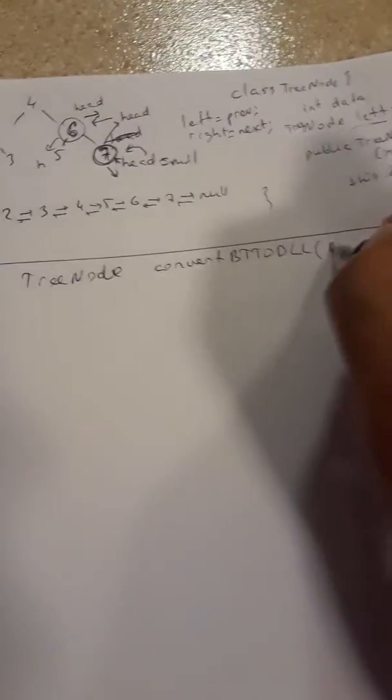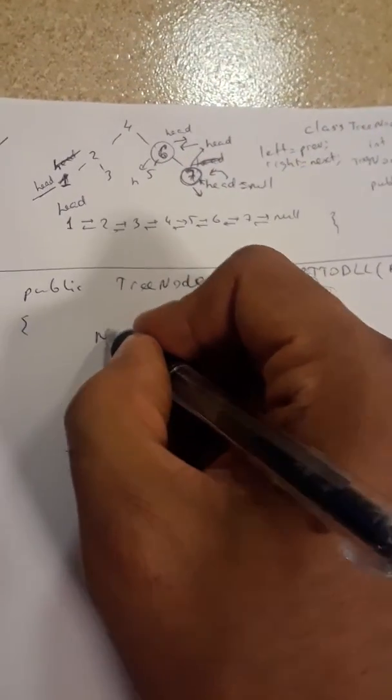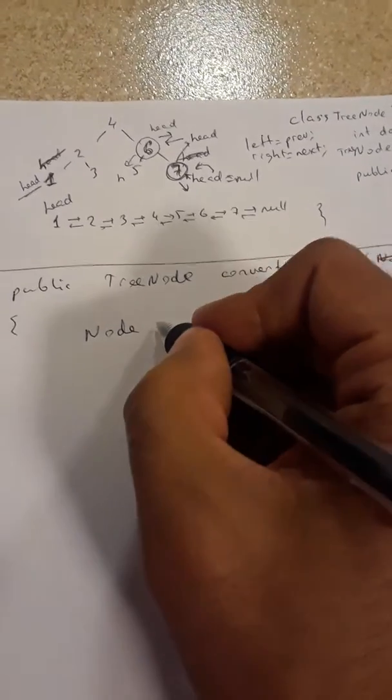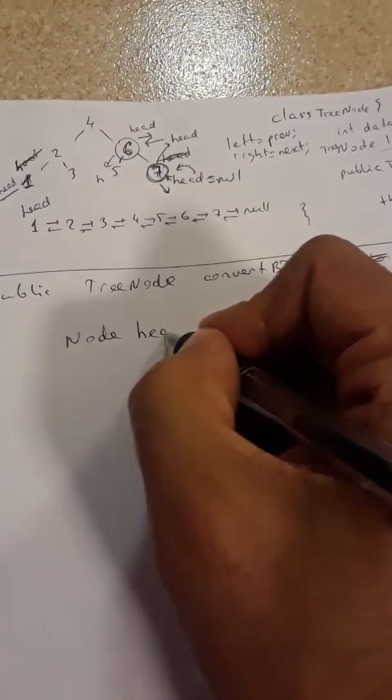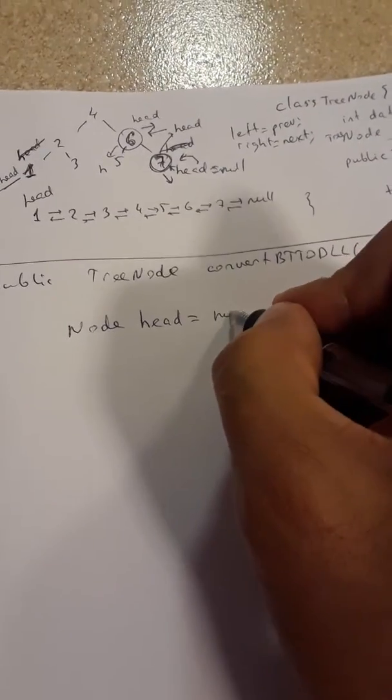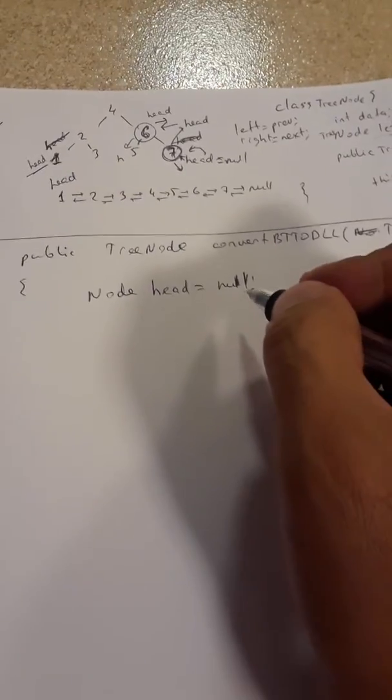So the input will be root, and at the beginning we will just define our head pointer. The initial value will be null.